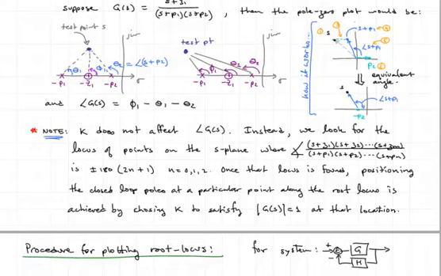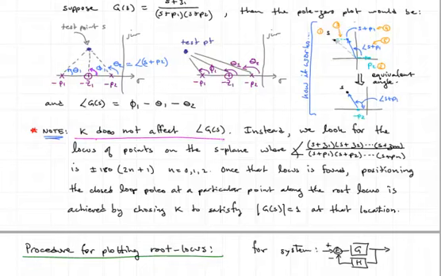And you can try this out. If you place the test point on the negative real axis to the left of p1, you can show that the angle will actually be minus 90 degrees, which does not satisfy the 180 condition. Therefore, no root locus to the left of p1. And finally, I think I noted this before, but K does not affect the angle.